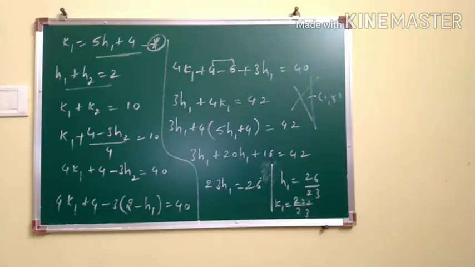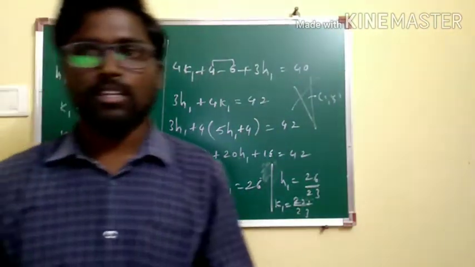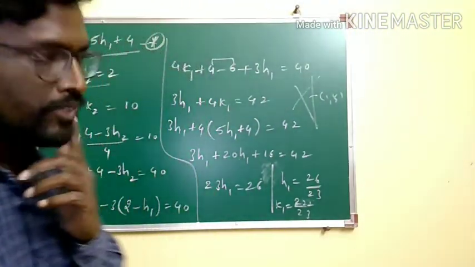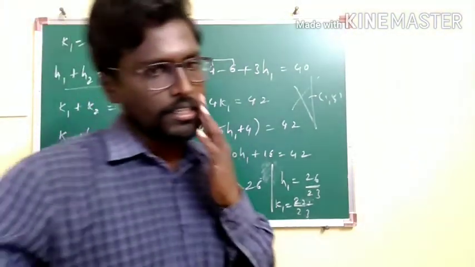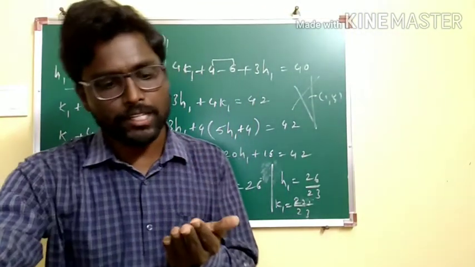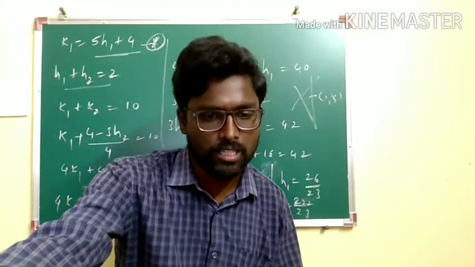I suggest everybody to handle such kind of areas properly and try in multiple ways so that you can understand easily. What I did, first I took the midpoint formula, that is h1 plus h2 by 2, k1 plus k2 by 2, and then h1 k1 satisfying one line and h2 k2 satisfying the other line.